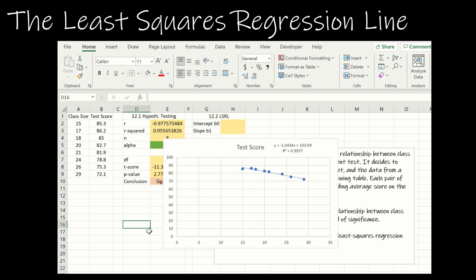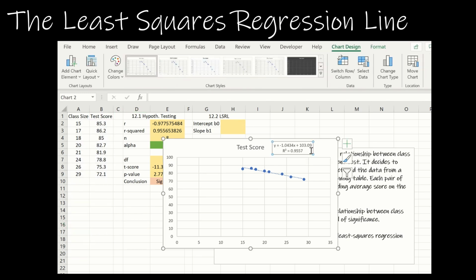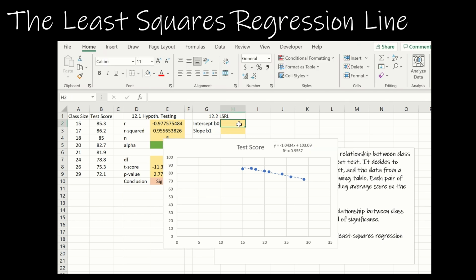The reason that it's not so good is I can't use that equation to predict anything because these values are not in cells in Excel. So really all I need to do is find a way to calculate the negative 1.0434, which is the slope, in Excel, and I also need to find a way to find the intercept in Excel. Turns out it's super easy to do.